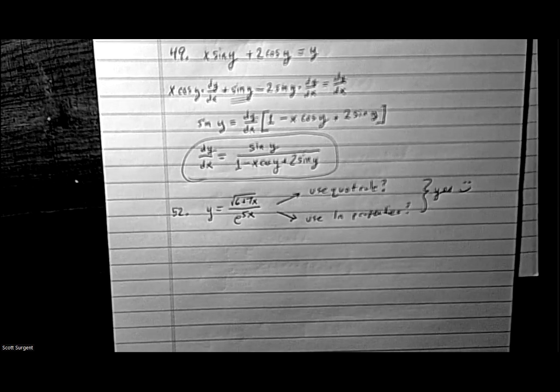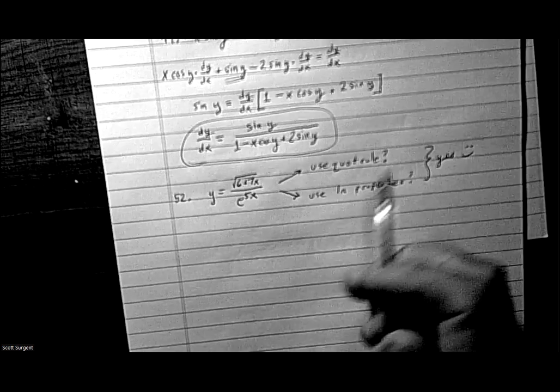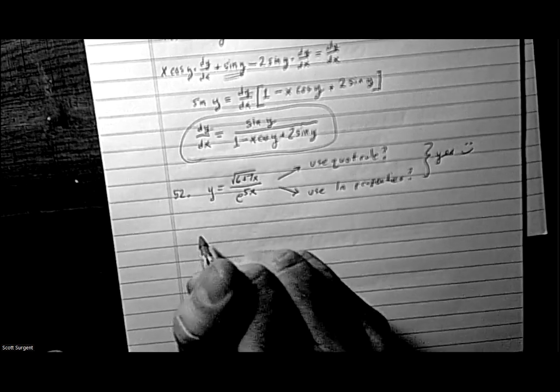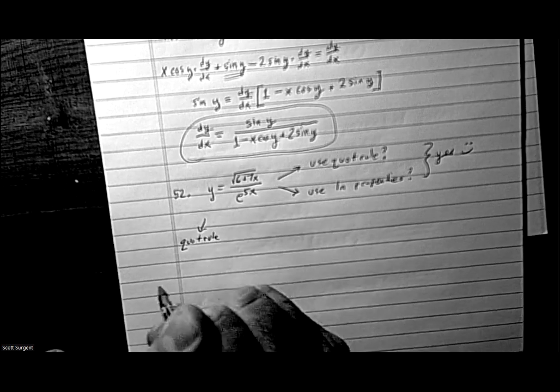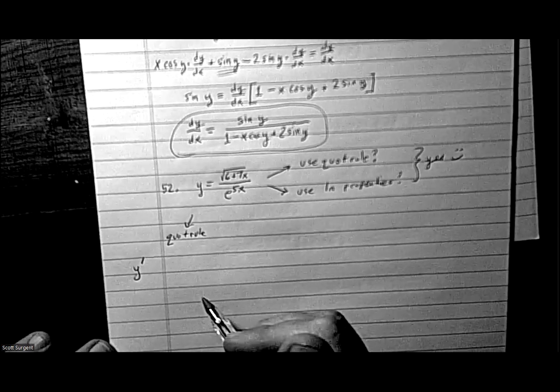Really, it's a question of how much work you are willing to do. If I do the quotient rule, this one's not too bad. I can probably get away with the quotient rule. It's going to look ugly, but I can probably get away with it. Let's do it.